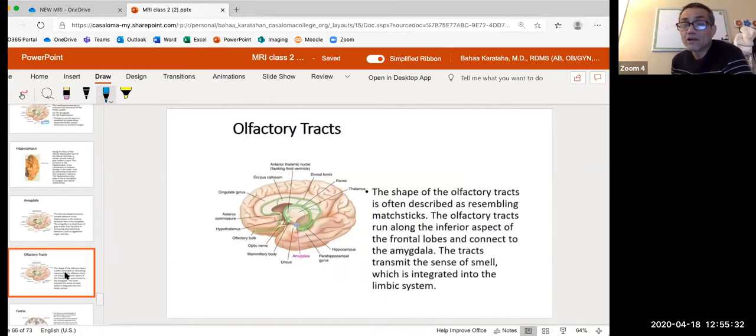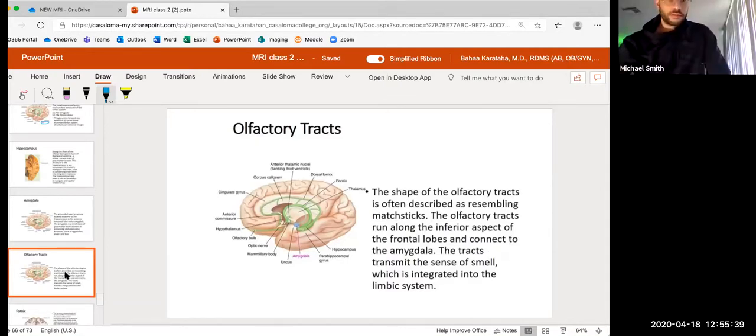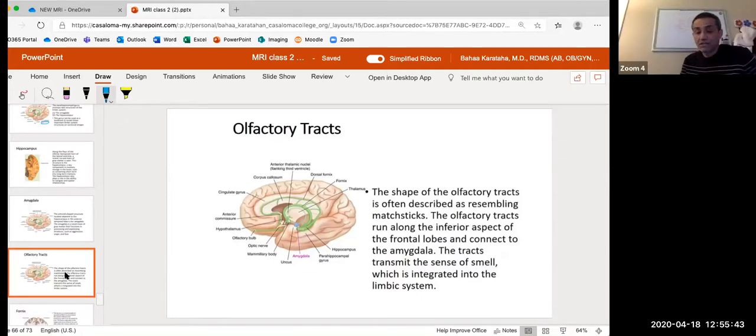Olfactory tract. The word olfaction means what? What does olfactory mean? Smell. The smells. So in your nasal mucosa, you have receptors for the smells. These receptors are going to gather and enter your brain through the cribriform plate and foramina, the ones we talked about last time with the bones of the cranium.